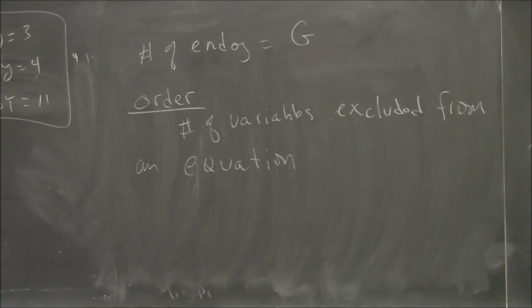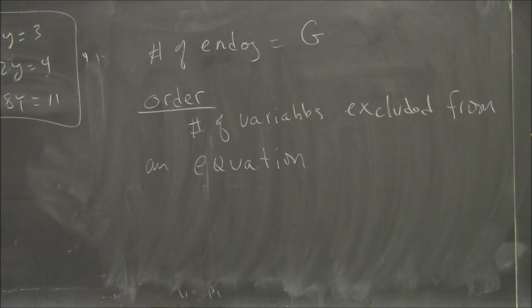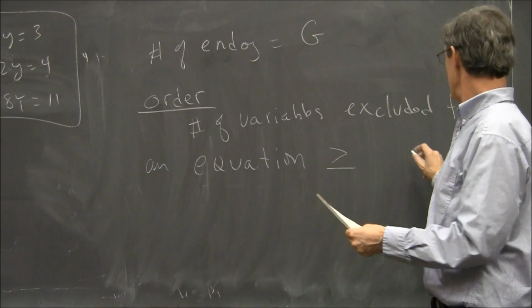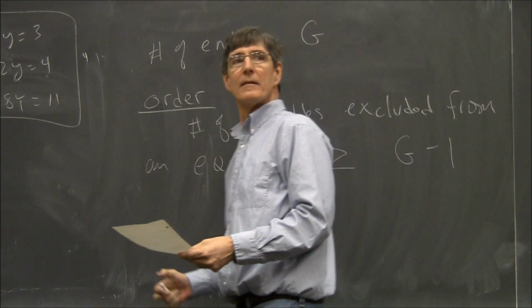Nothing's ever eliminated from the reduced form. But the number of variables excluded from an equation, remember we're talking about having things excluded as a way to identify things, is greater than or equal to G minus 1. That's it.